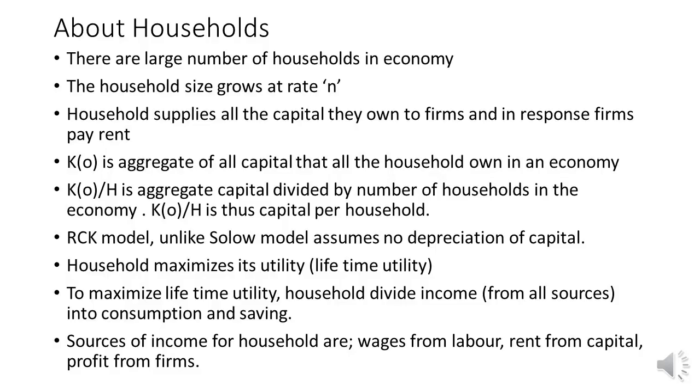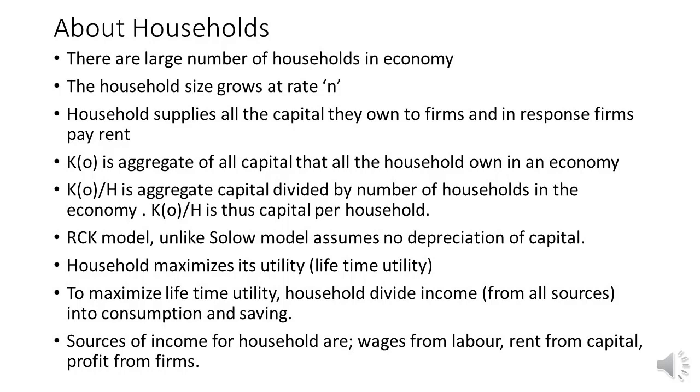Now moving towards the assumptions of the RCK model about the households. The first assumption is there is a large number of households in the economy. The household size grows at the rate of N. So this is another exogenous growth rate, of the households, which is assumed N here.